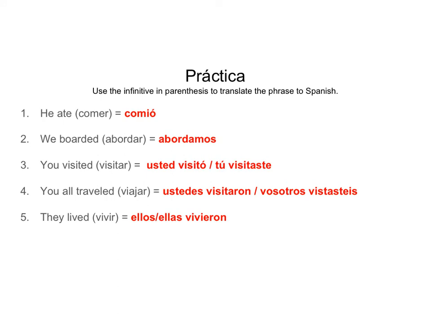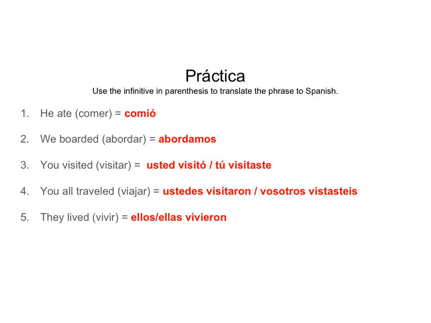So, the answers to those 5 questions: he ate, él comió. We boarded, nosotros abordamos. You visited, usted visitó, or tú visitaste. You all traveled, ustedes, oops, this is a typo here. It should say ustedes viajaron.